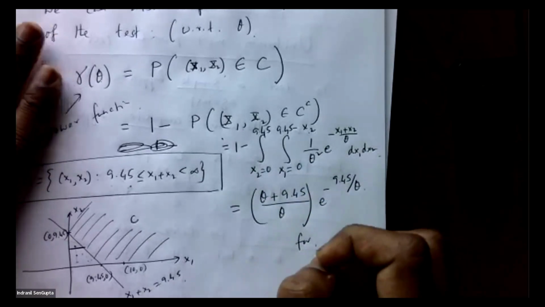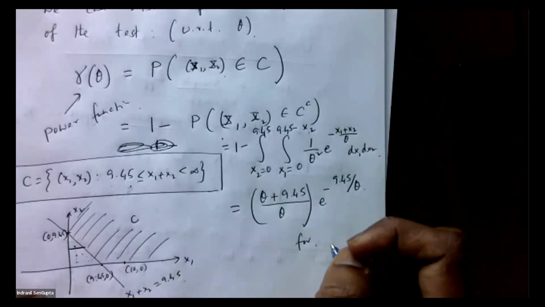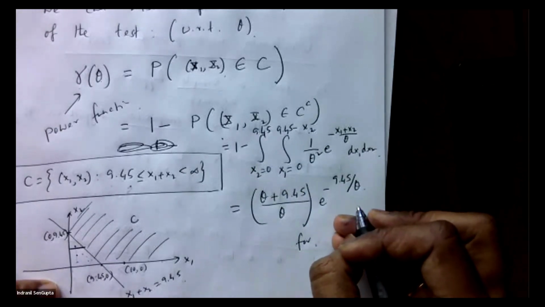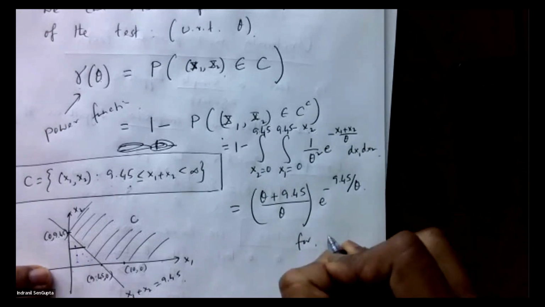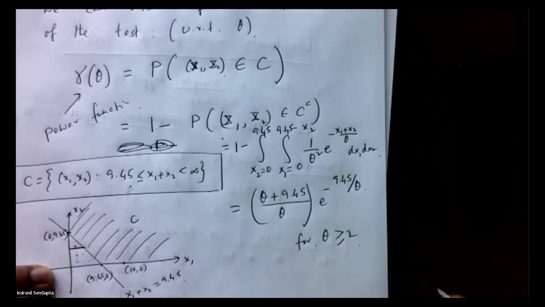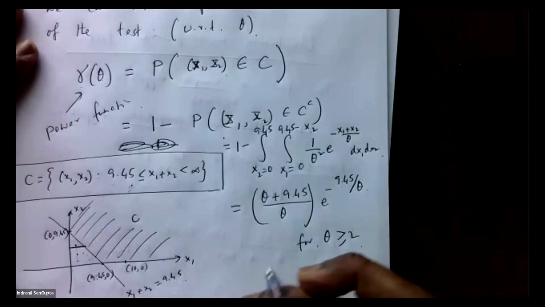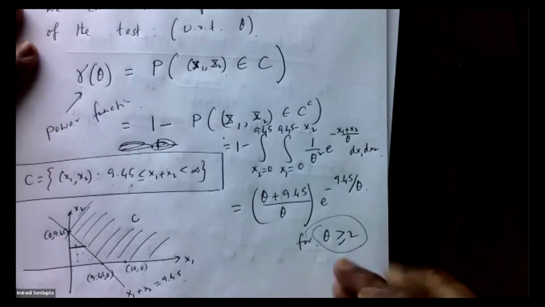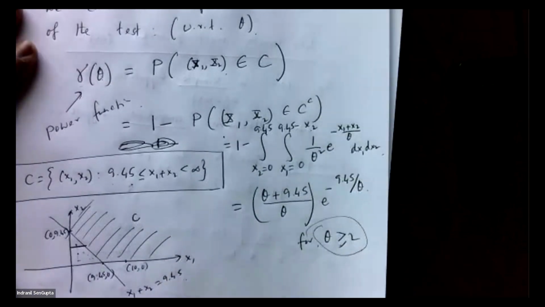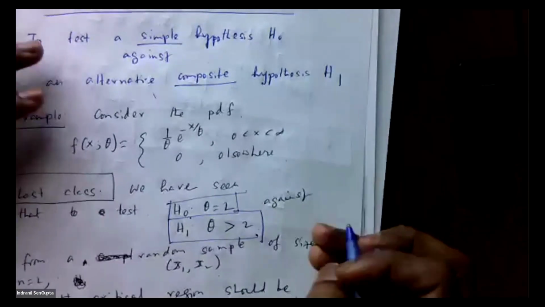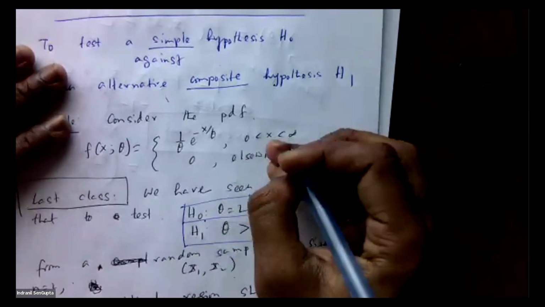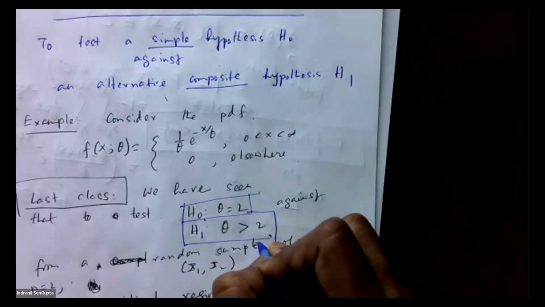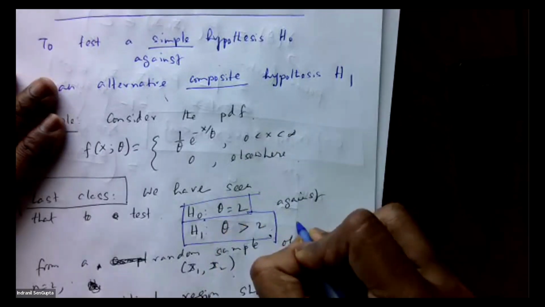Here I'm assuming that theta is bigger than or equal to 2. By the way, we are assuming this because that is our domain for theta. That is where we started off. I probably didn't write it here. So remember that if we have the null hypothesis this one and alternative hypothesis this one, what is omega?